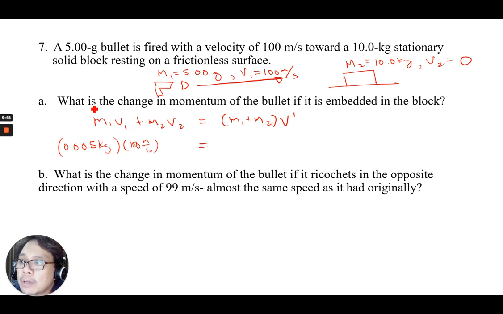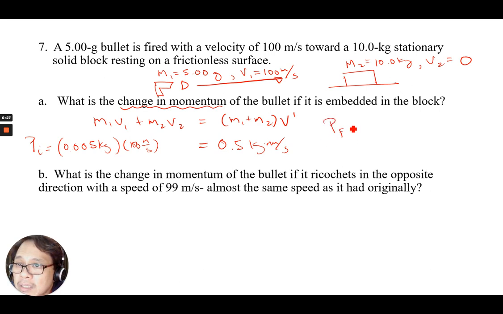This problem is just solving for change in momentum. So the initial momentum of the 0.005 kilogram bullet is 0.005 times 100, so it's 0.5 kilogram meter per second.